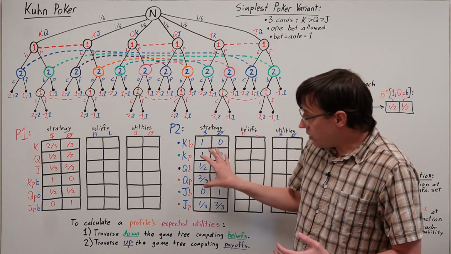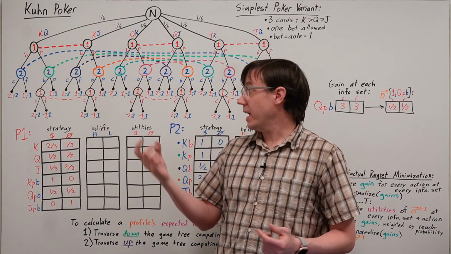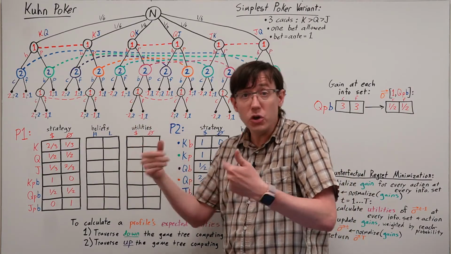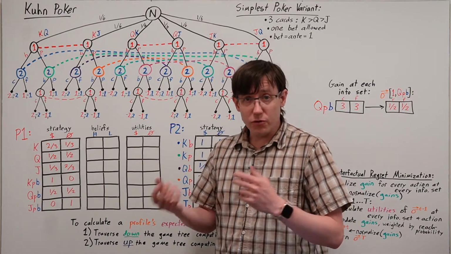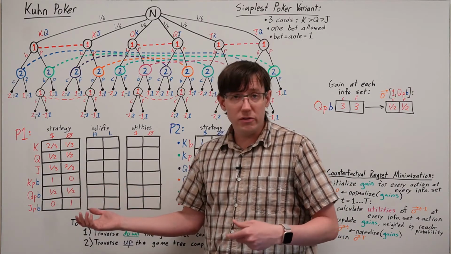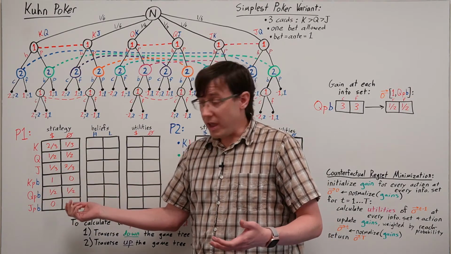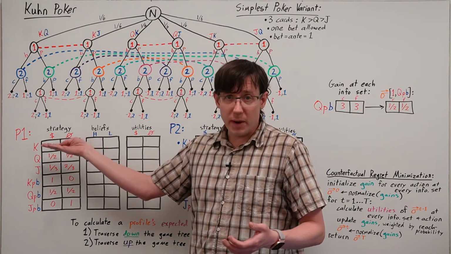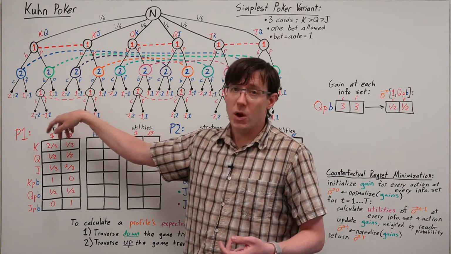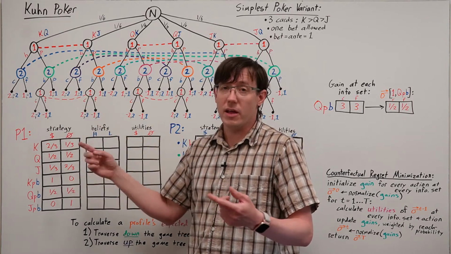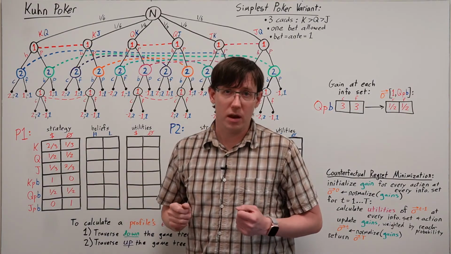So because each player has 6 information sets, and at each information set there are 2 available actions, we can represent a behavioral strategy for either of the players as a 6x2 table with a row for each information set, and then in the column for an action, we put the probability that the player will play that action when they're in that information set.